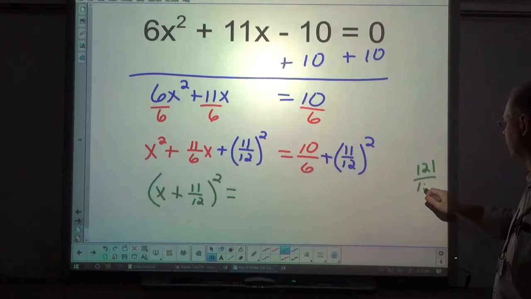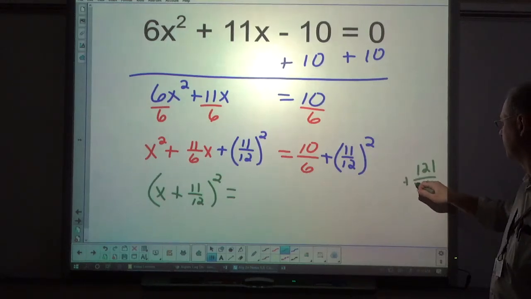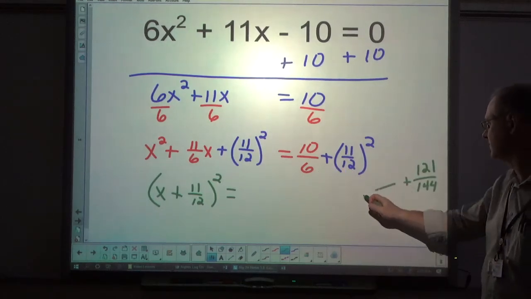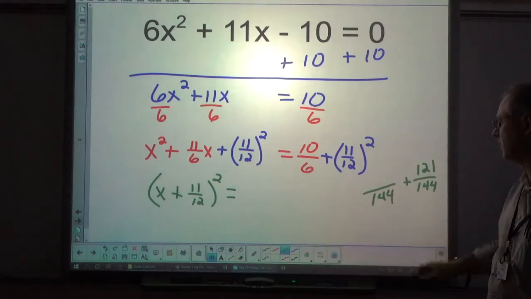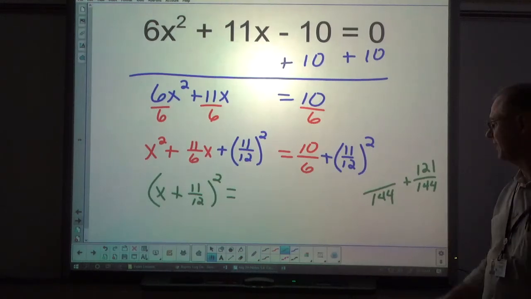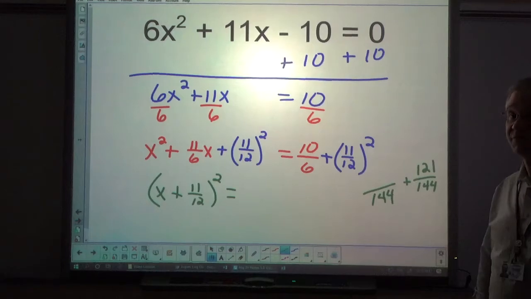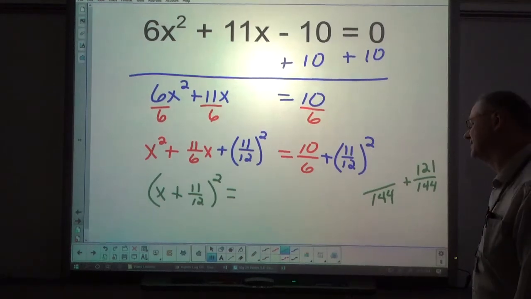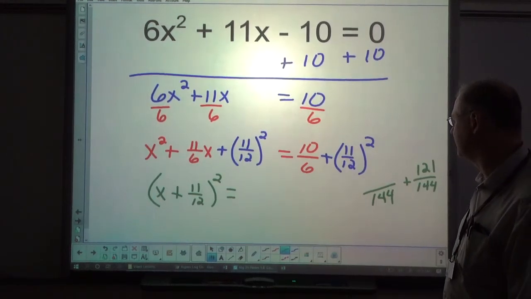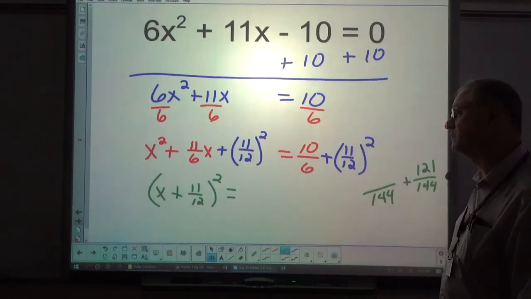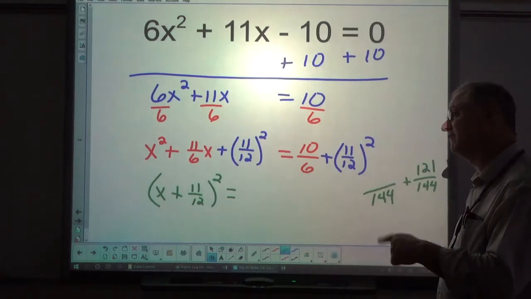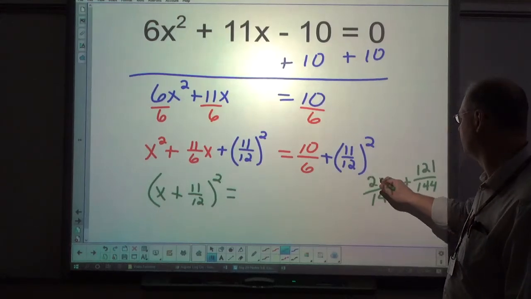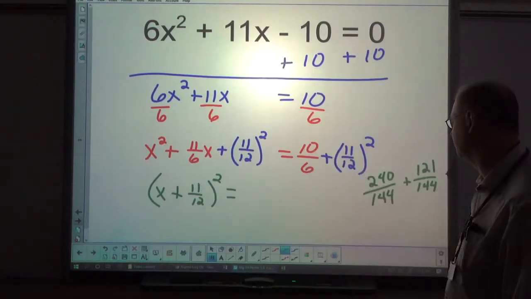121 over 144. I have to make this into 144 for a denominator. What do I have to multiply times 6 to get 144? That's high. Let's see. Well, 12 times 12. So 6 times 24, so 240, 24 times 10.